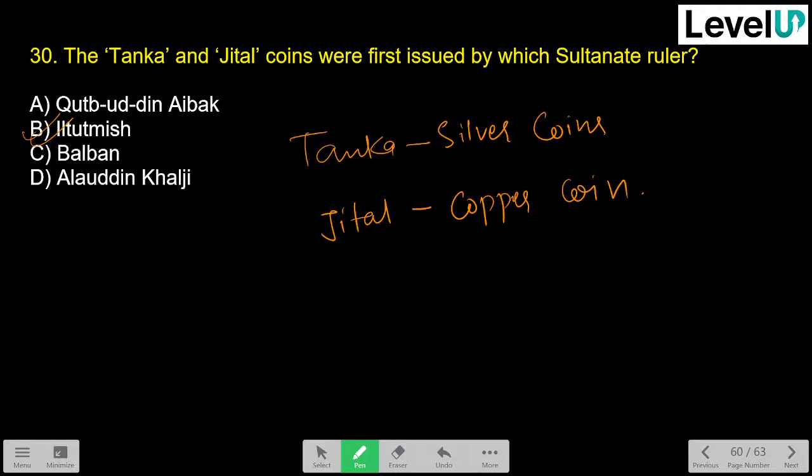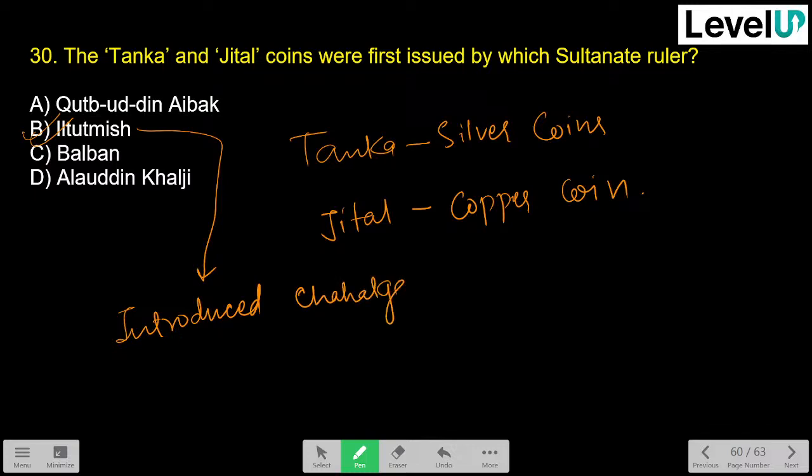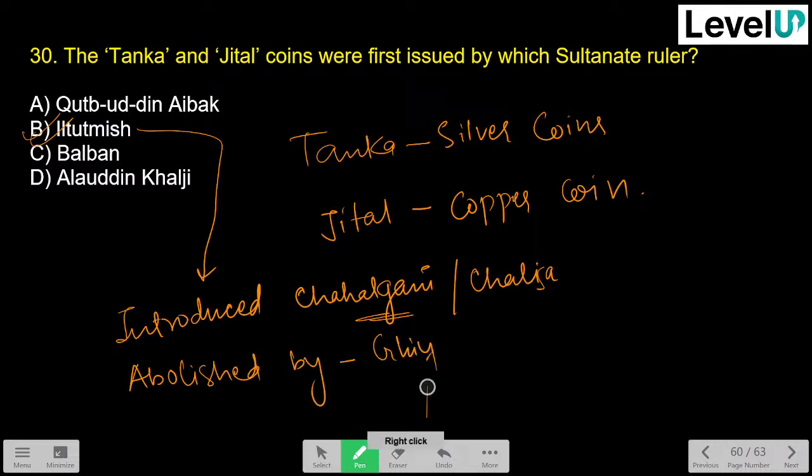Okay, this is the important part. The role of Iltutmish is very important. He even introduced the Chahalgani or Chalisa, the group of 40 nobles. And this Chahalgani or Chalisa system was abolished by Ghiyasuddin Balban.